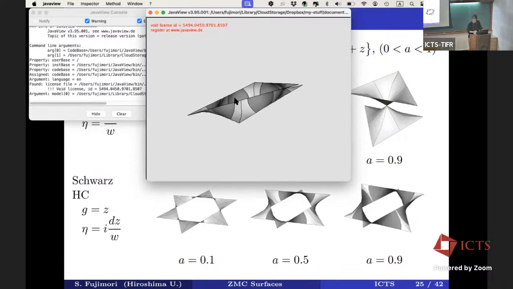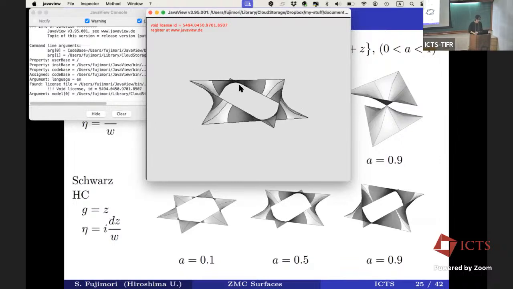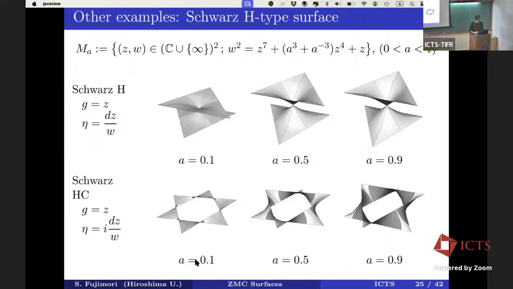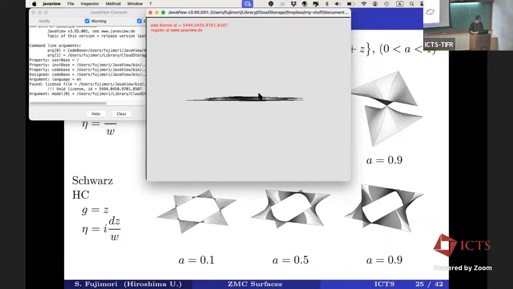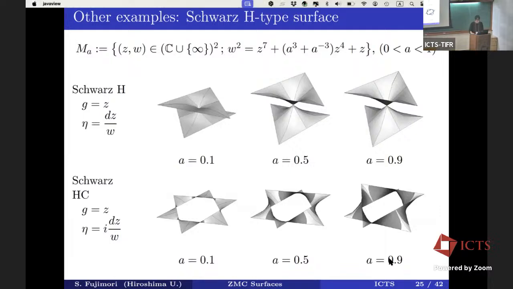We also have a reflection principle: we can extend the surface by rotating it about any straight line by 180 degrees. Again, when A is close to 0, we have two tiny horizontal planes connected by a catenoid, not a helicoid. And when A is close to 1, we have this surface.